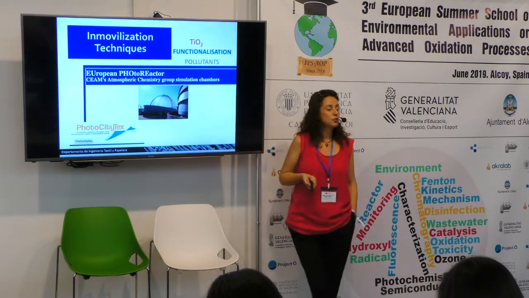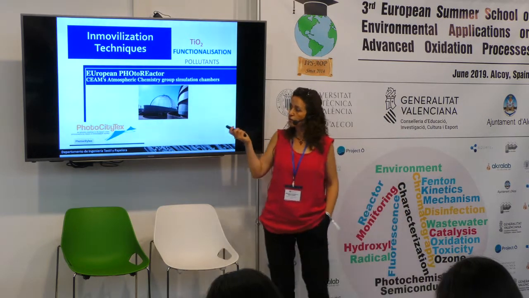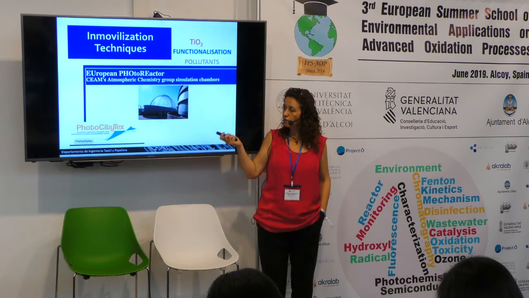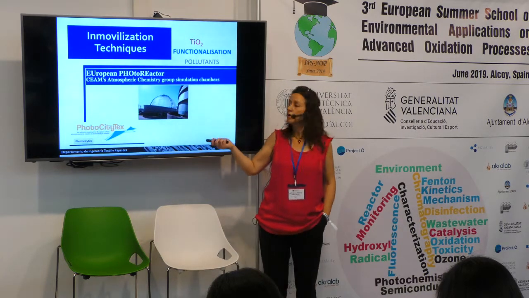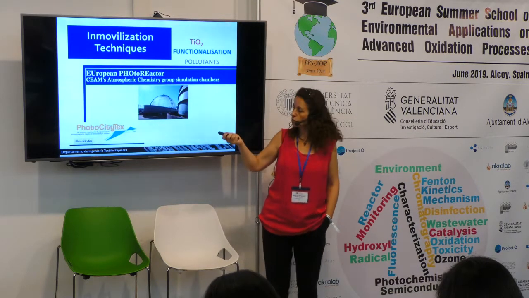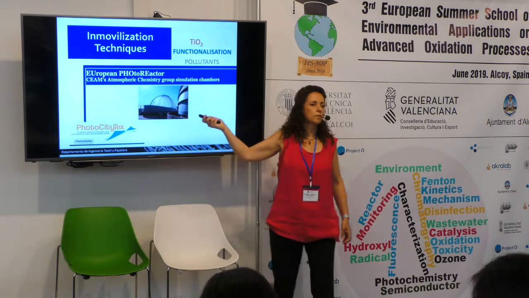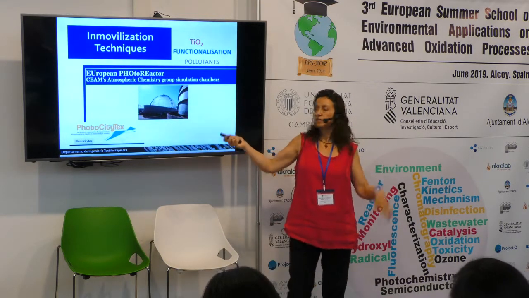Another application would be the reduction of pollutants. This is something that came from a European project, PhotoCityTex. In this European photoreactor that perhaps some of you know about, we put some fabrics and we simulated the atmosphere.